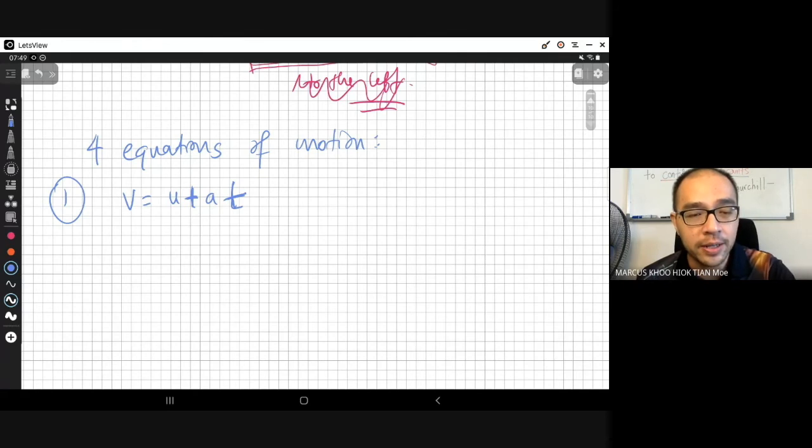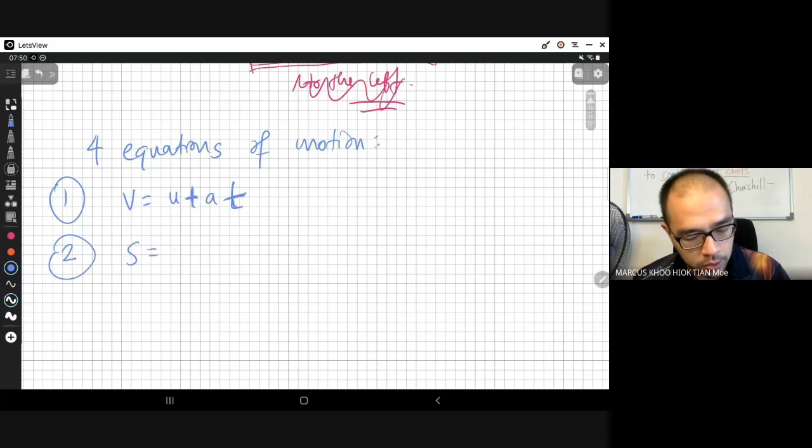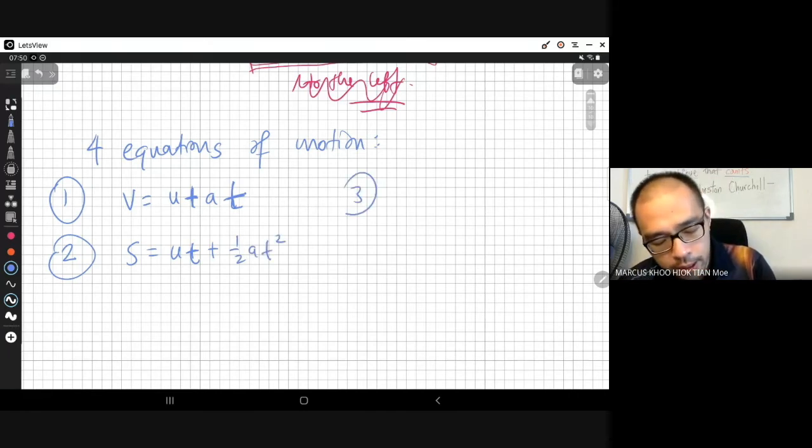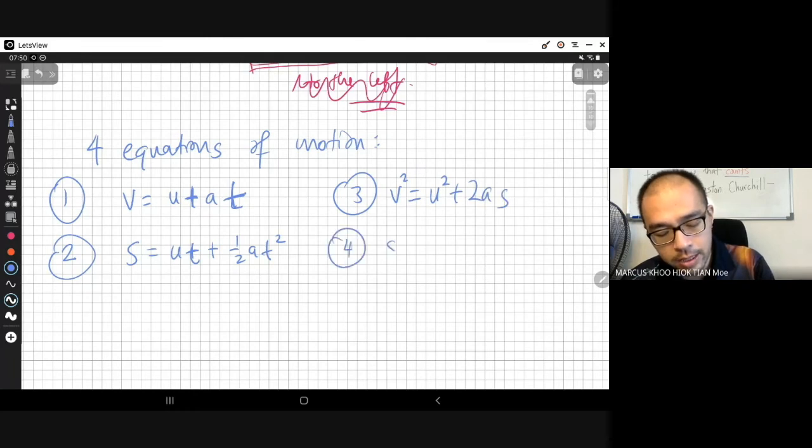The second one is s equals ut plus half at squared. The third one is v squared equals u squared plus 2as. And the final one is s equals 1 over 2 (u plus v) t.